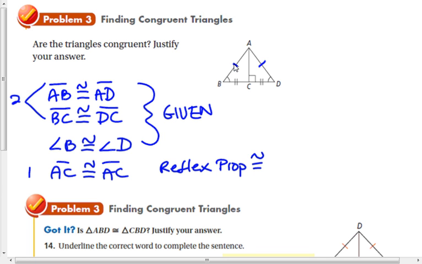and we just need to show that the other two angles are congruent, and we can show that angle BCA is congruent to angle BCA. And our reason for that, our justification, we say, well, they're a linear pair, and ACB equals 90, so BCA must also equal 90 because they're a linear pair.